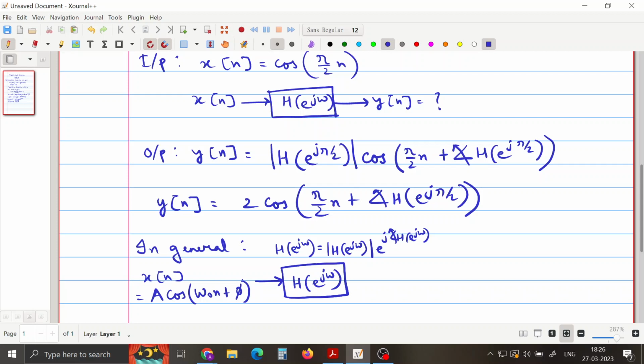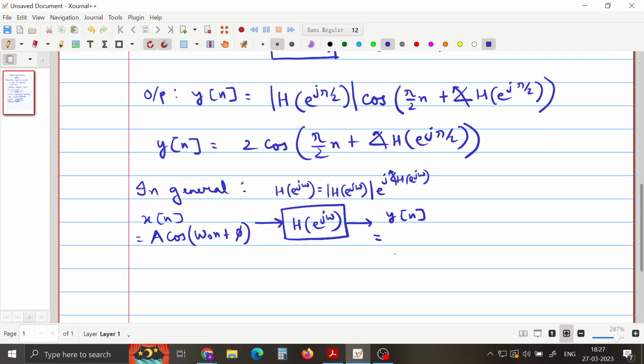it is similar to the input only, but it undergoes two things. First is an amplitude scaling, and that scaling factor is the magnitude at the input frequency. See, the input frequency is omega naught, so at omega naught the magnitude response is evaluated times the input signal remains the same plus phi, and also there will be another phase shift.